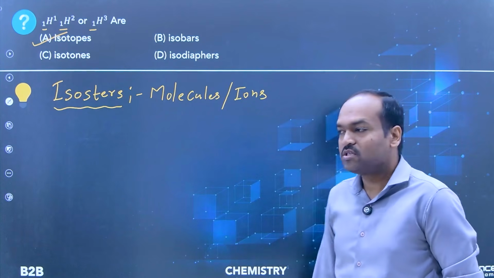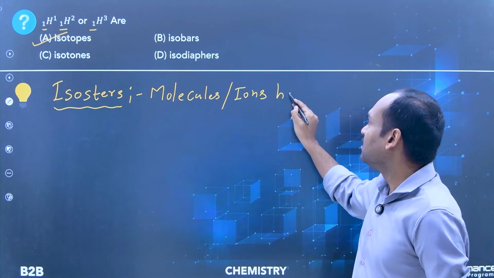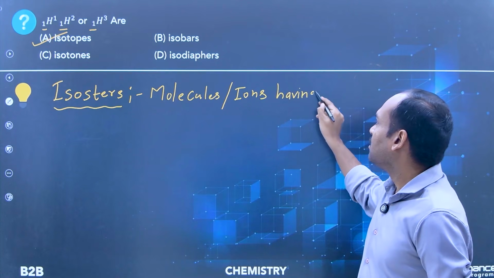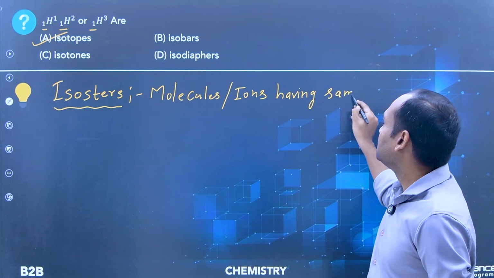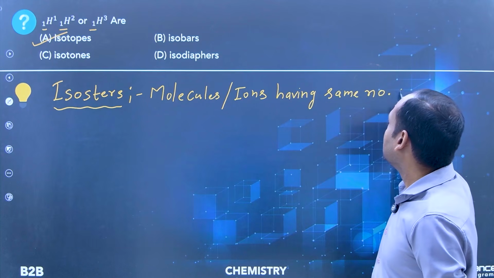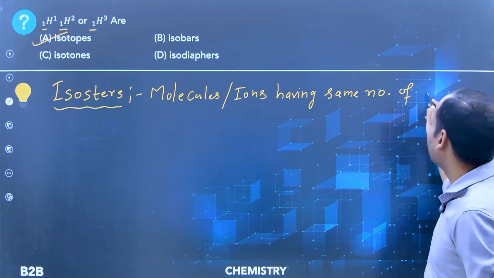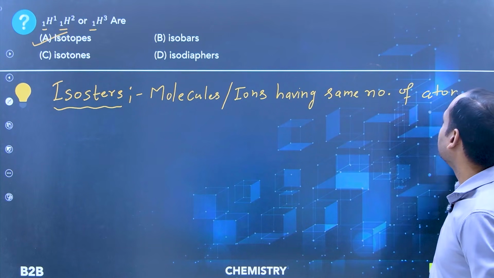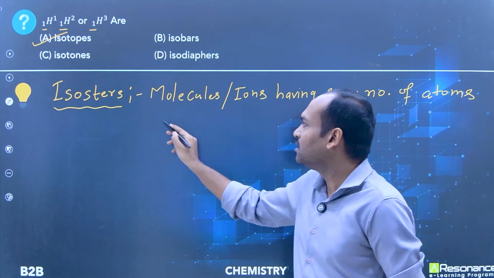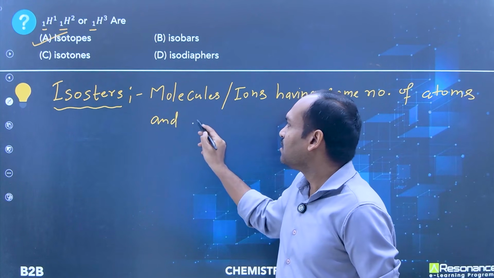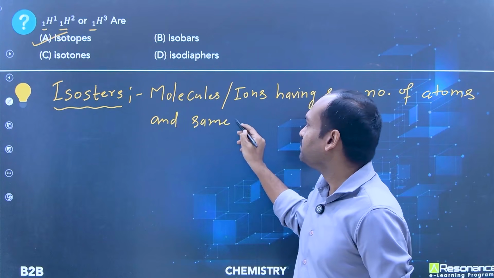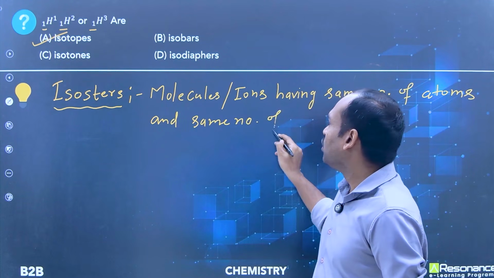Molecules or ions having the same number of atoms and the same number of total electrons.